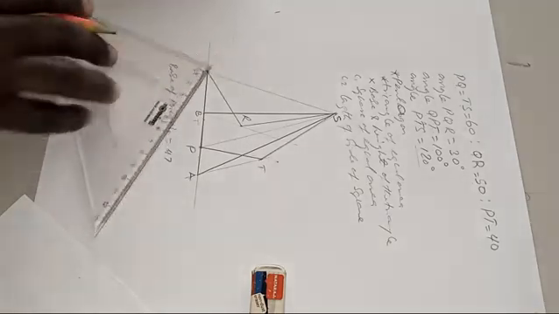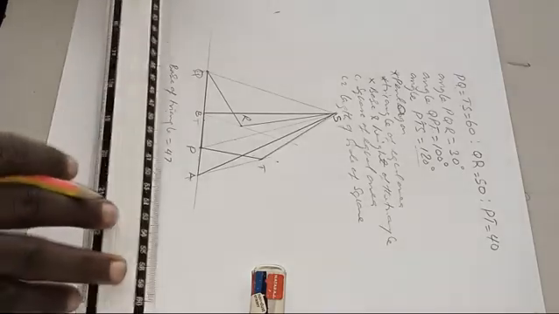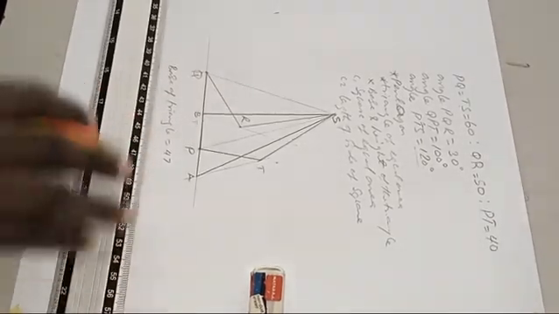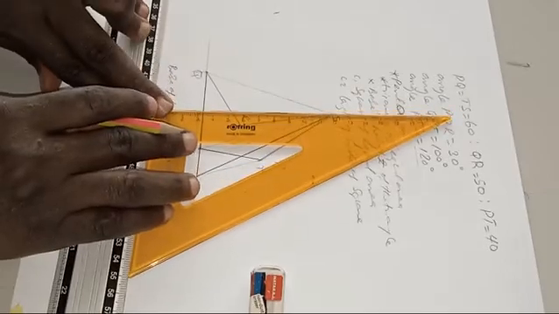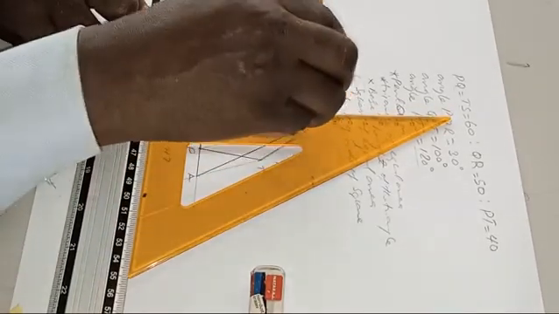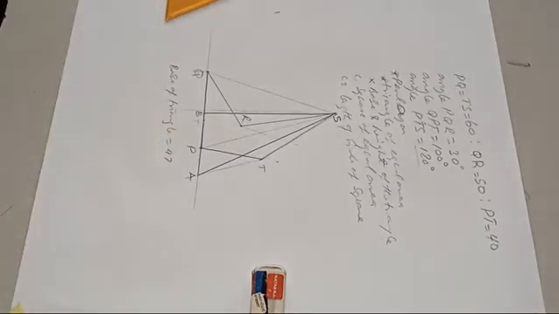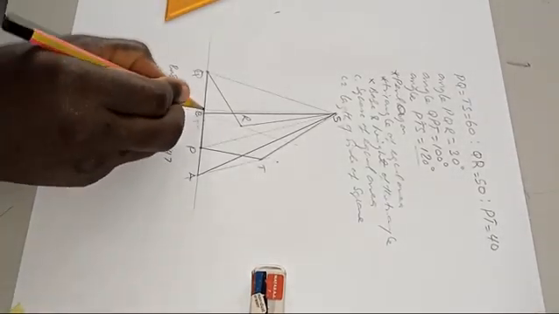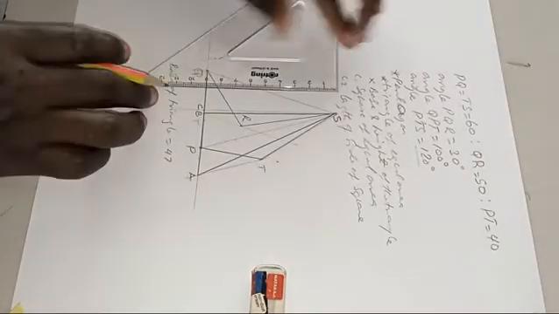And to get the height, you have to drop a vertical line from the apex of the triangle like this. Take it vertically downward. It is meeting the base at, let's say, C. So what is the value of the height?